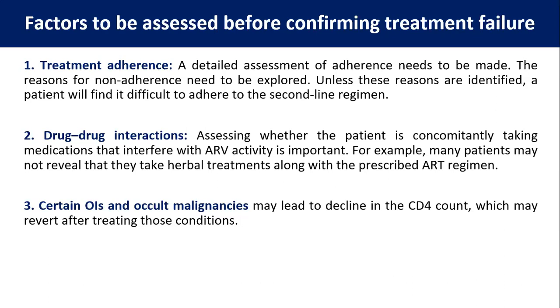So some drug-drug interactions may also cause treatment failure. And certain OIs and occult malignancies may lead to a momentary decline in CD4 count, which reverts back to normal after the treatment of those conditions. So we need to look at these three important aspects of treatment failure before calling a patient as failing on a particular treatment.